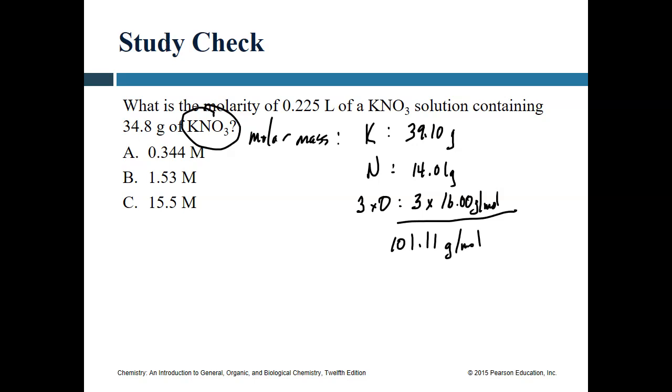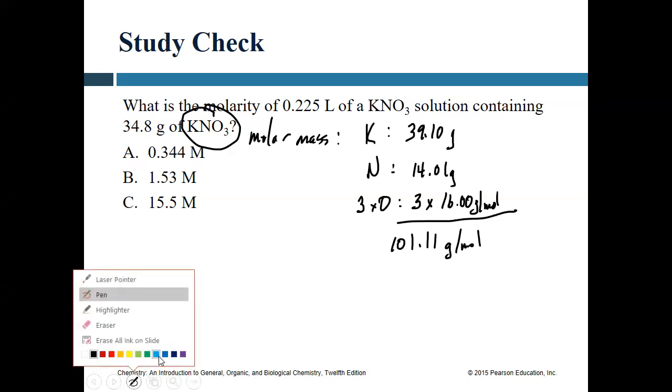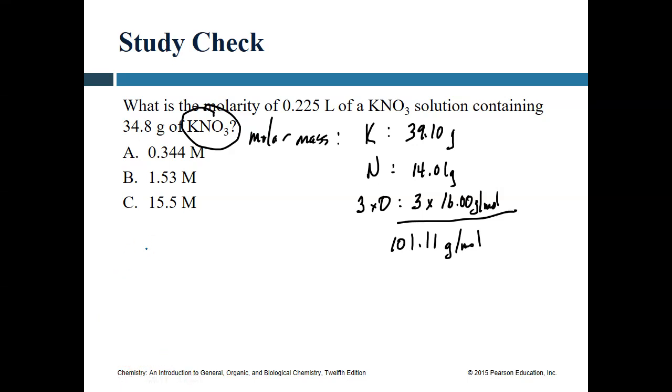And now we have to go through the 2 calculation processes to get this concentration. I've got to convert these grams into moles, and then I got to divide those moles by 0.225 liters. So first step, again, we'll set it up as a proportion: X moles are equal to 34.8 grams. 1 mole is equal to 101.11 grams.